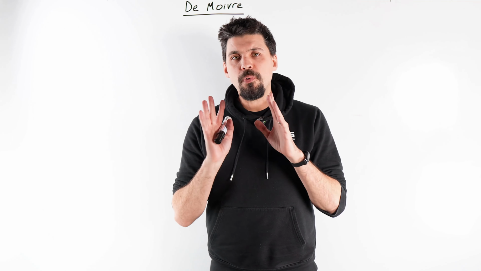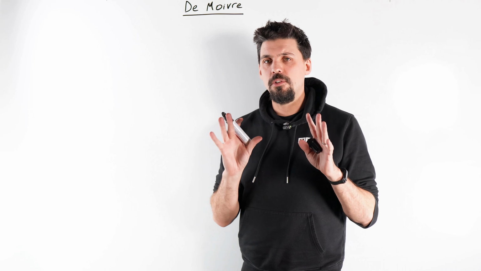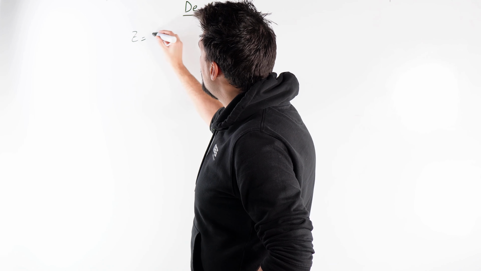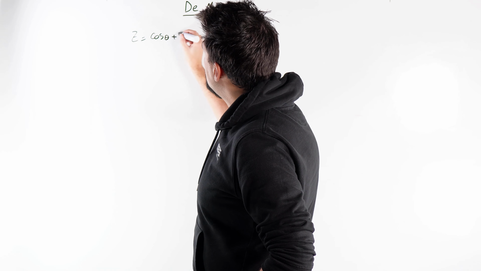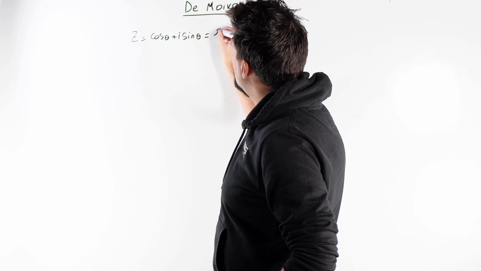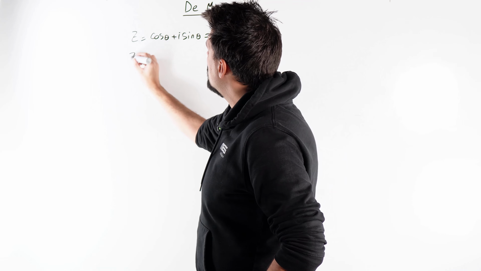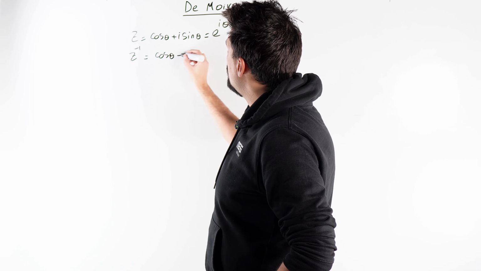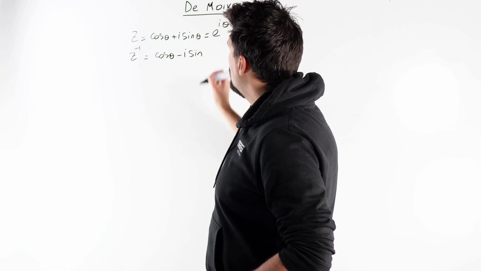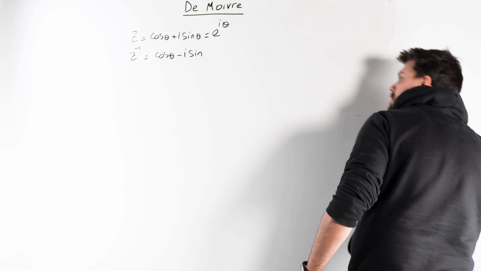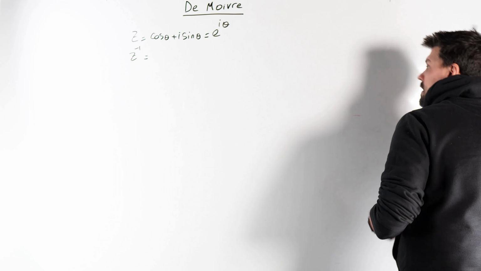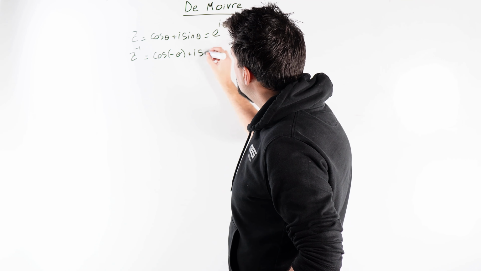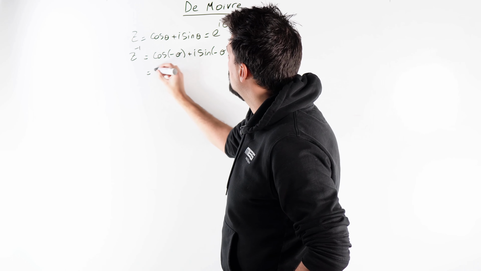Let's check that. Right, before we go any further here, we're going to establish something very quickly. Now, if I say that z is just cos theta plus i sine theta, which is e to the i theta, something to realize is that z to the minus 1, by virtue of de Moivre, tells me that z to the minus 1 is cos of minus theta plus i sine of minus theta.